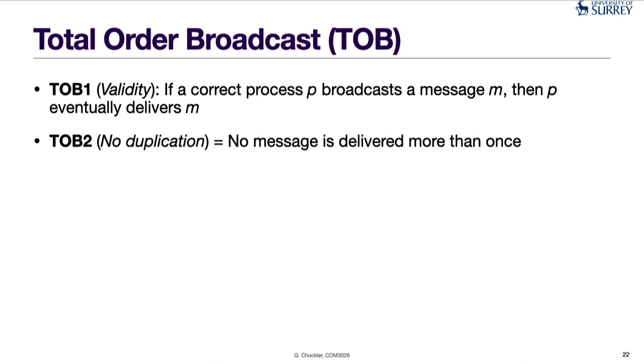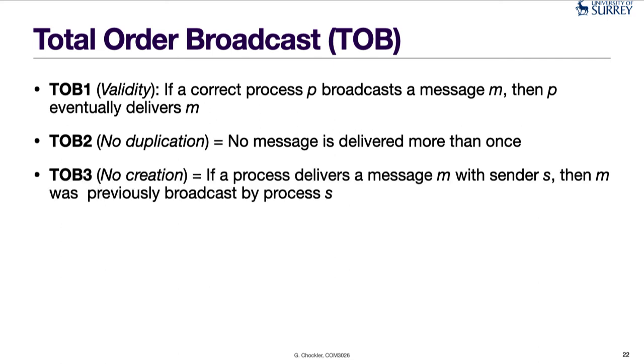No duplication is exactly the same as the respective property of reliable broadcast. No message is delivered more than once. No creation is again the same as the respective property of reliable broadcast. If a process delivers a message M with sender S, then M was previously broadcast by process S.